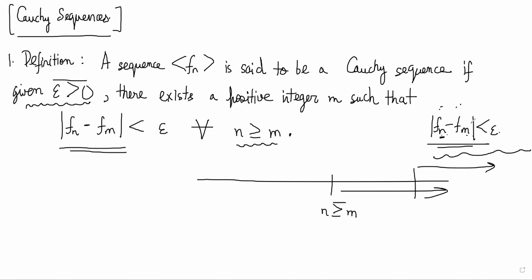Beyond the cutoff point, the terms are therefore becoming very close, right? Yes. If you choose an epsilon to be small, let's say 0.1, this means what? That after a particular term, all terms have spacing between them less than 0.1, right?